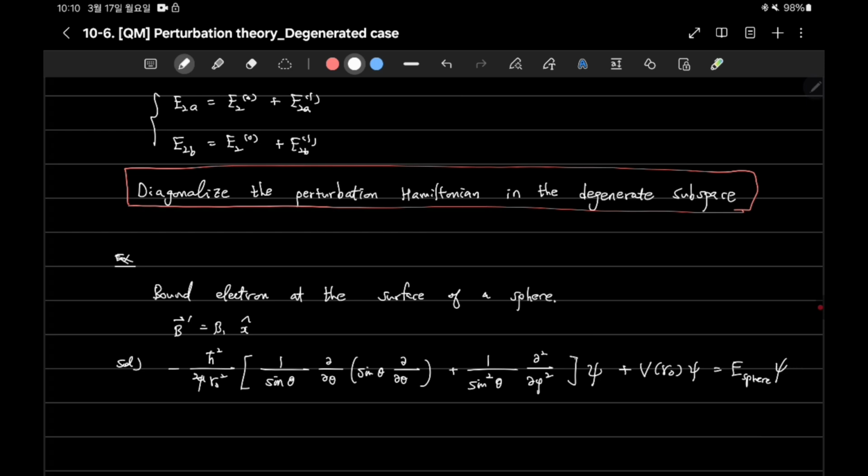It is the Schrödinger equation in spherical coordinates. Here we denote the spherical harmonics Y(theta, phi), whose theta component and phi component are separable, and the moment of inertia I equals mu0 r0 squared, the moment of inertia of a classical particle.